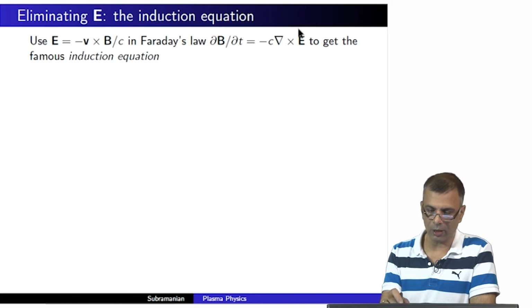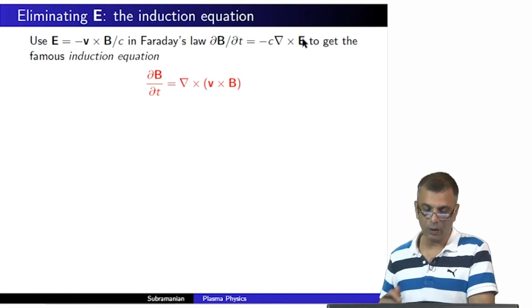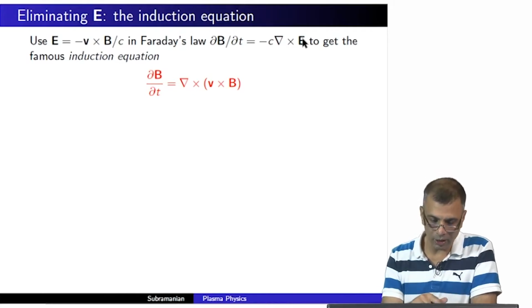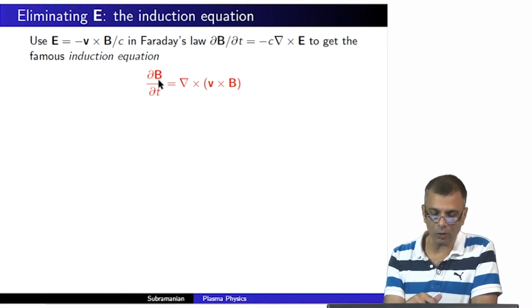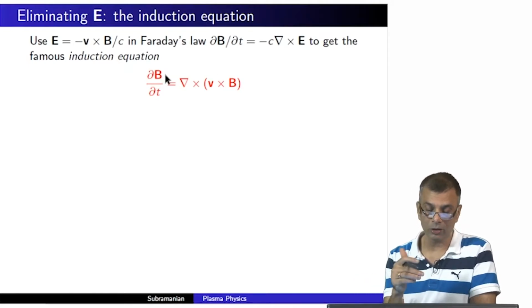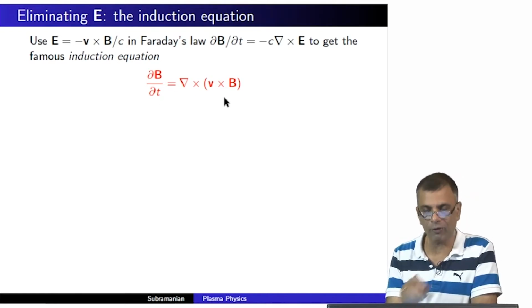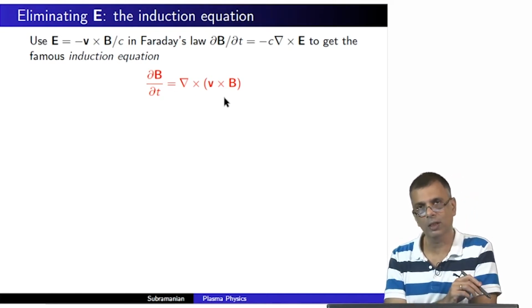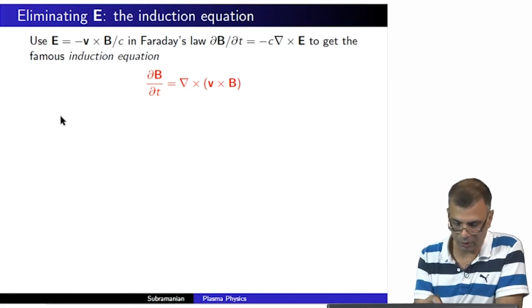So, to eliminate this E in order to get what is called the induction equation, which gives you the time evolution of B. There is only B you see in this equation, there is no E at all. Okay. So, given a certain velocity field, this tells you how the magnetic field evolves. Okay. That is what this equation is telling you.